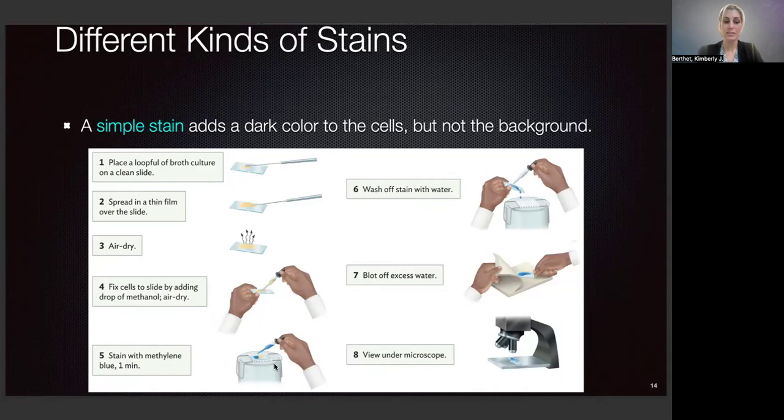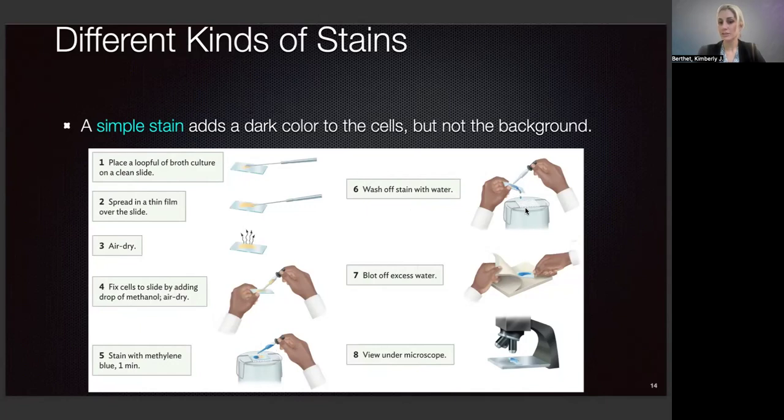So here we see they're using methylene blue. So they're adding this blue pigment to the cells on the slide. And they're going to wait approximately a minute, depending on what you're staining. This can change. So they have methylene blue sitting on the slide for a minute. It's being essentially absorbed by the cells. It's adhering to that negatively charged cell as it's a positively charged stain. Then we go ahead and wash off the stain.